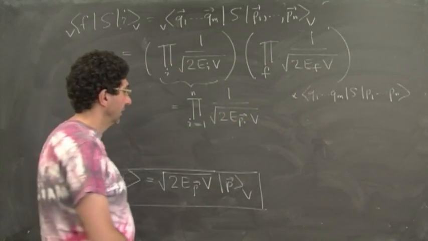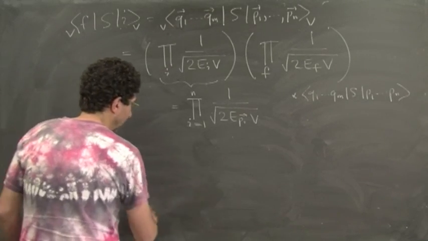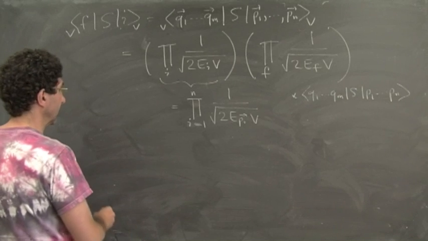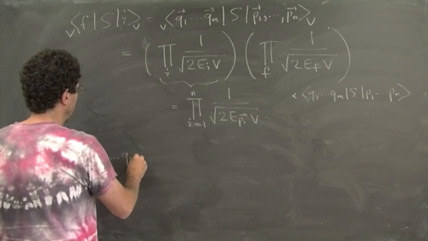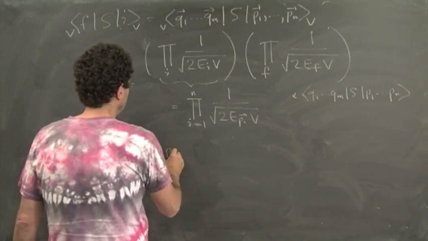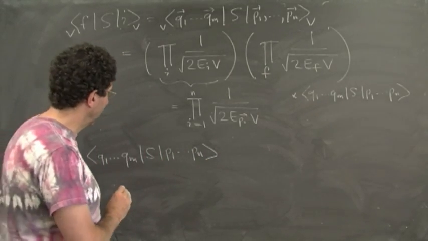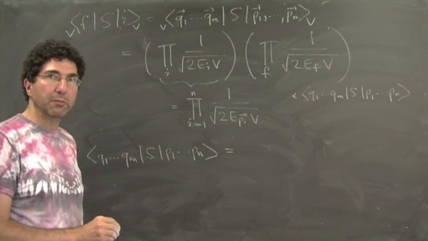Now, as we've just seen in our first example for decay, but in fact it's actually general, this S matrix element, <q_1 through q_m| S |p_1 through p_n>, will always have a momentum conserving delta function in front of it.